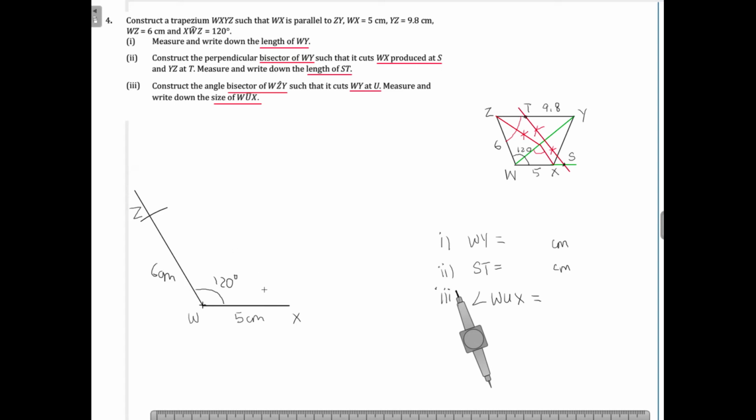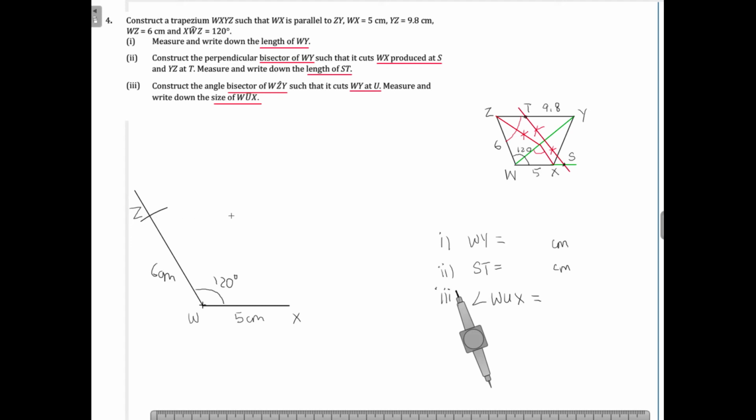Now we need a parallel line to WX. To do the parallel line, we simply measure an angle of 60 because interior angles add up to 180.